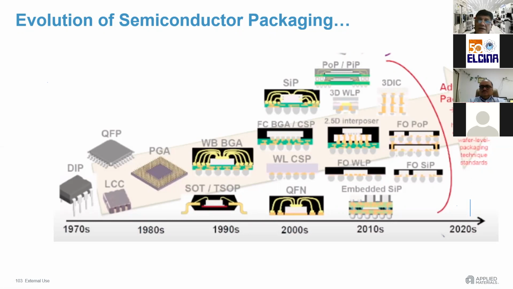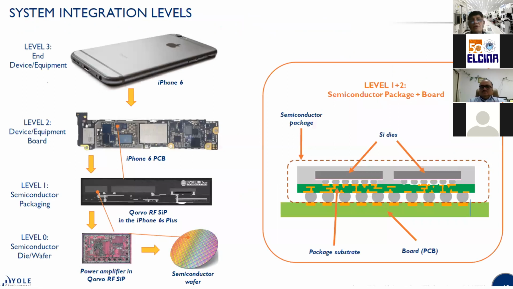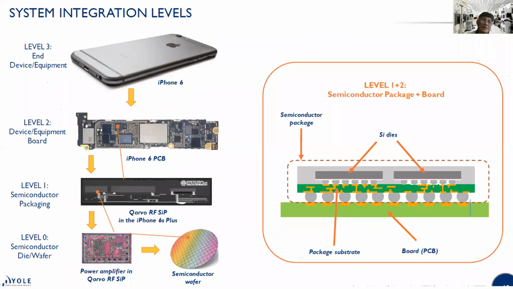And the key thought is that there is a tremendous ferment taking place in this industry. You have major system integrations happening, which is why you're seeing that phone slim down as dramatically as it has for the last decade and a half. You are actually seeing that pressure come up on the device equipment board, from there onto the system packaging.